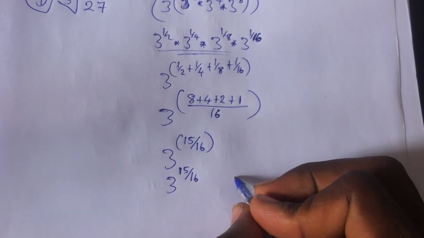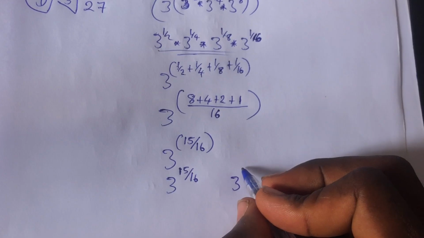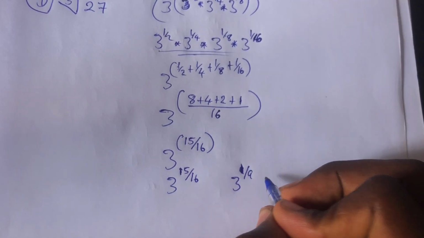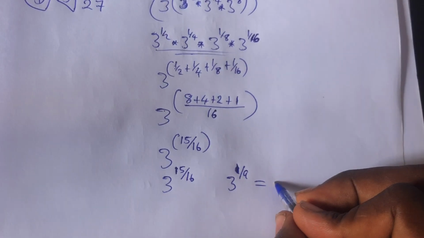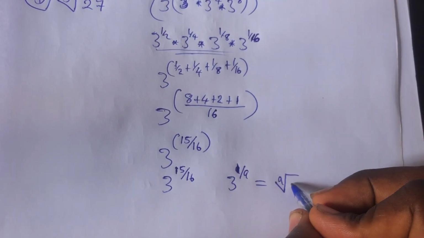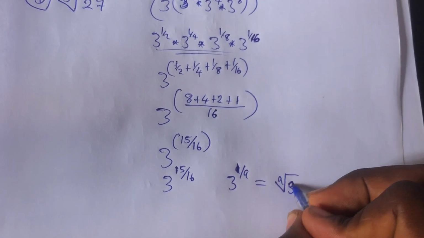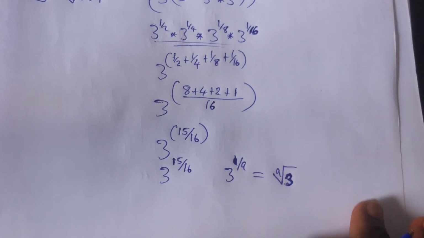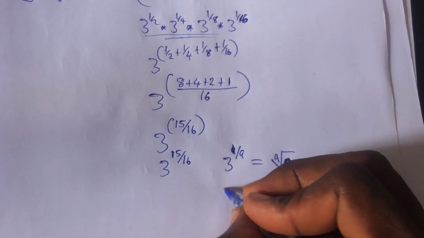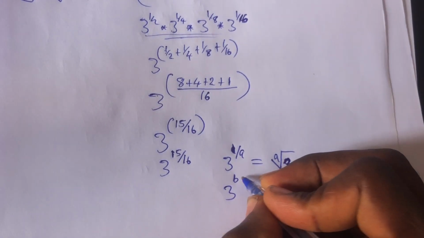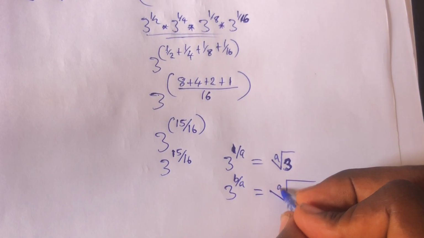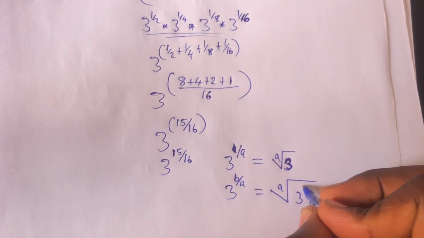And remember that 3 raised to power 1 over a is equal to the ath root of 3. I don't know if you get it. So 3 raised to power b over a is the same thing as saying the ath root of 3 raised to power b.